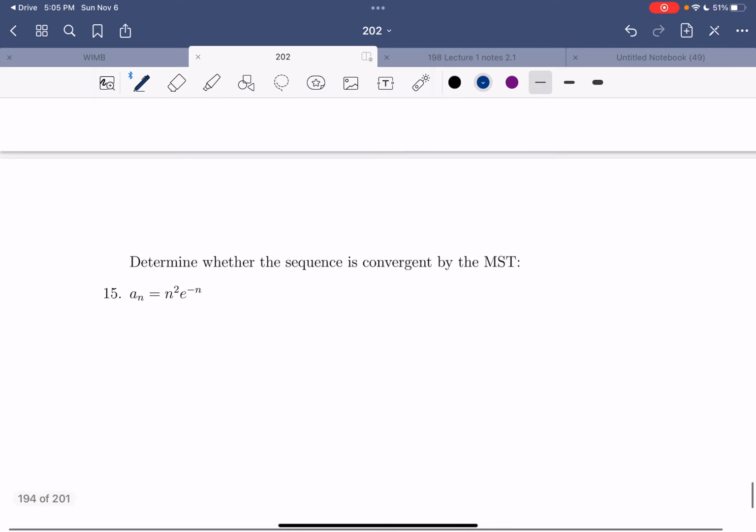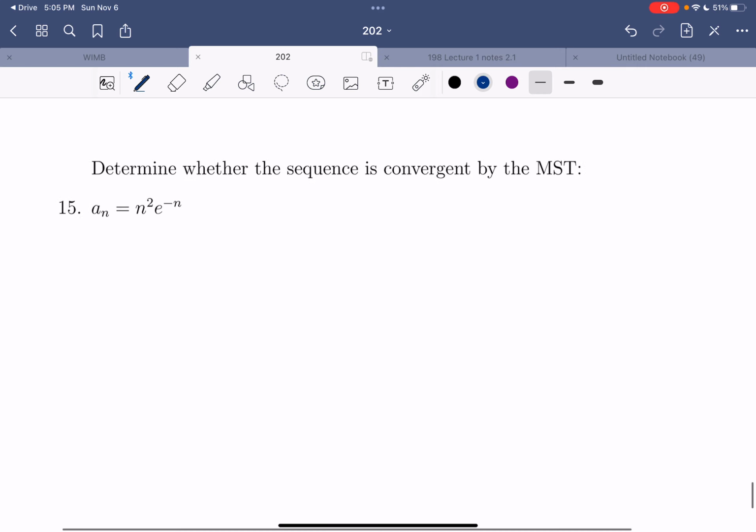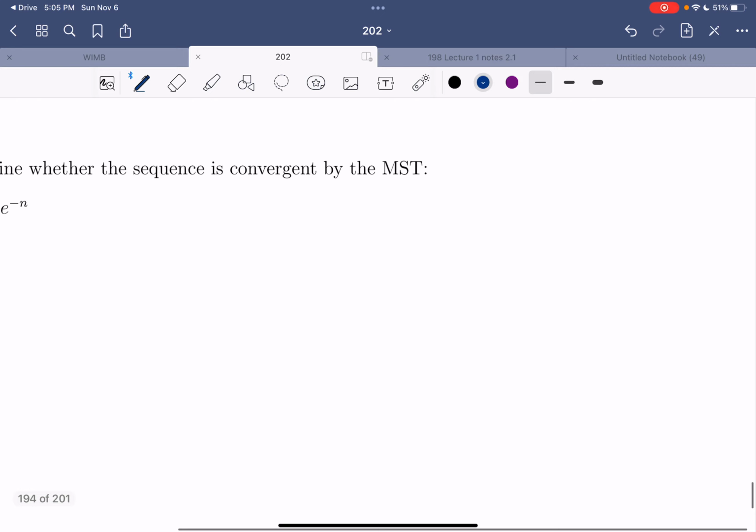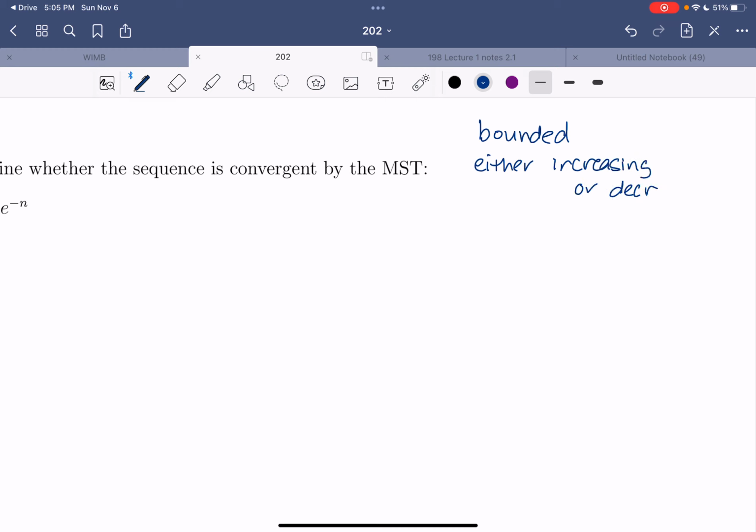Okay. The last thing we want to do is determine whether the sequence is convergent by the MST. So this is the monotonic sequence theorem. The two pieces here, you have to show that it's bounded, so it lives between two numbers, and that it's either increasing or decreasing. Got to show both.